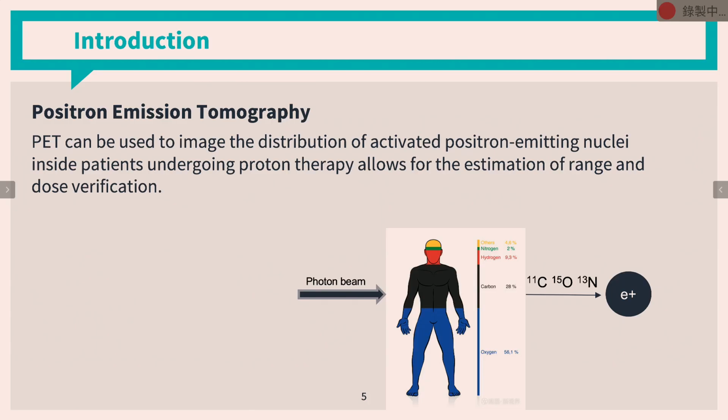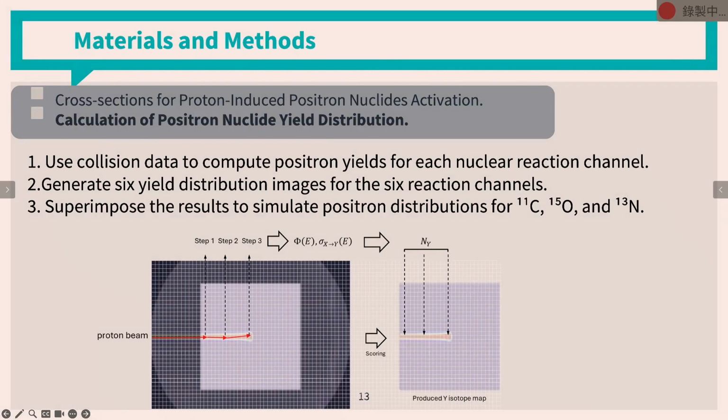Okay, I have a question. In page 13, what does the superimposed result mean?